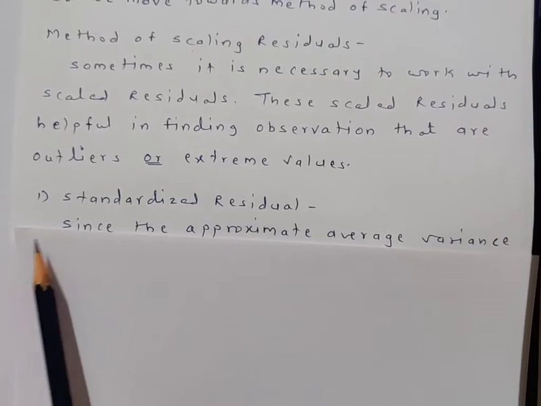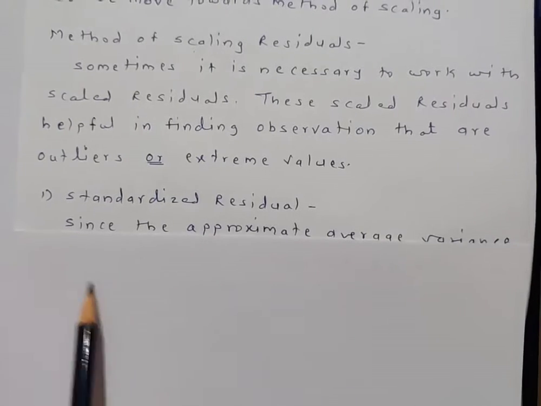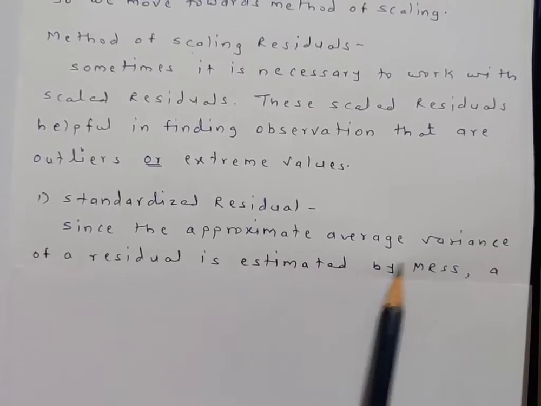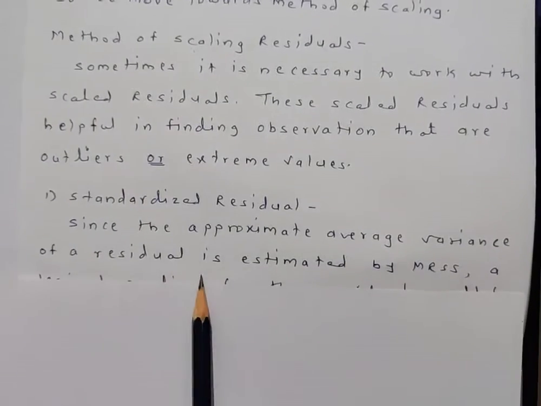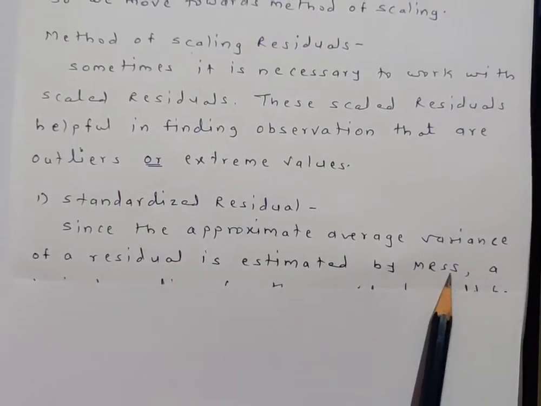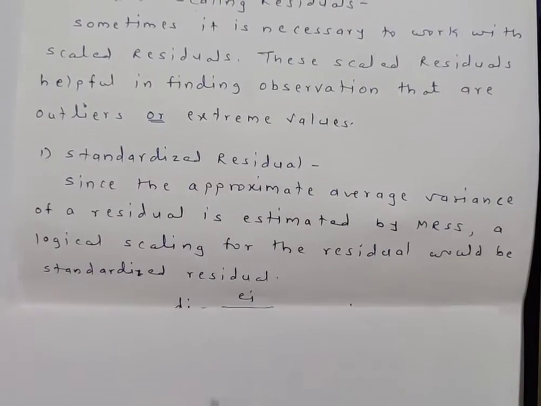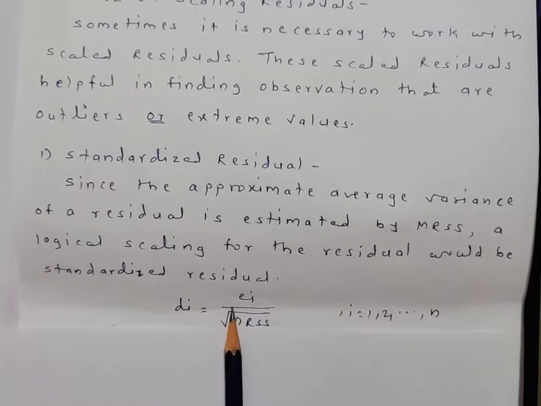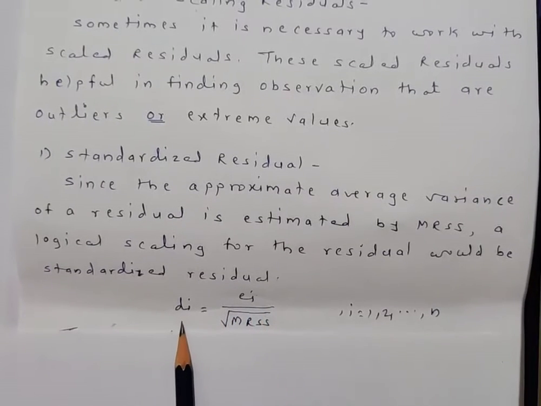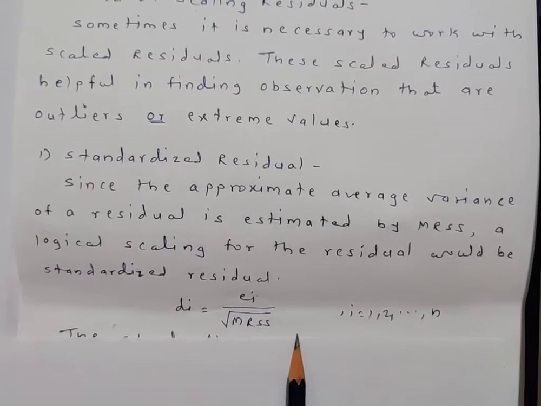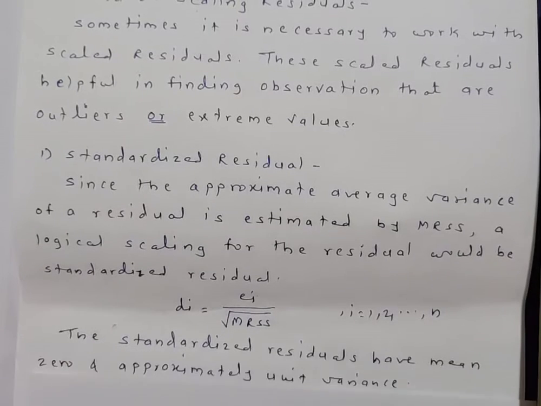So the first scaling method is the standardized residual. Since the approximate average variance of the residual is estimated by MRSS, a logical scaling for the residual would be the standardized residual, and the formula is d_i equal to e_i divided by square root of MRSS, i varying from 1 to n.